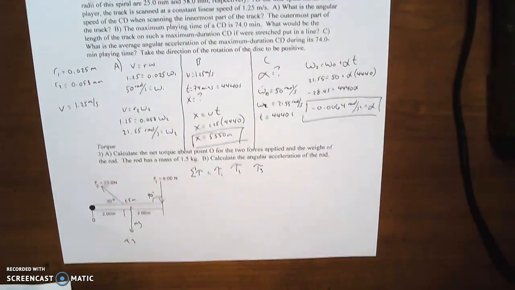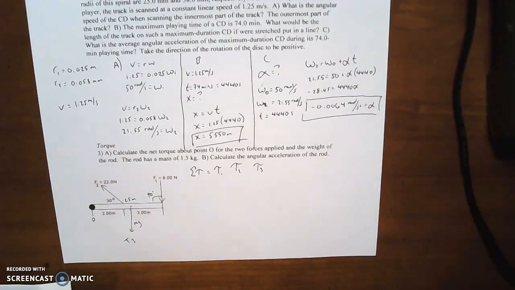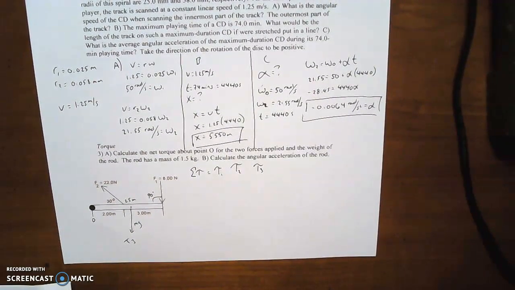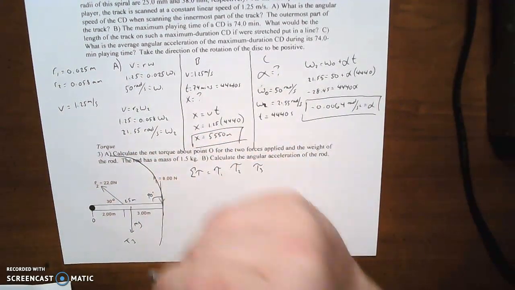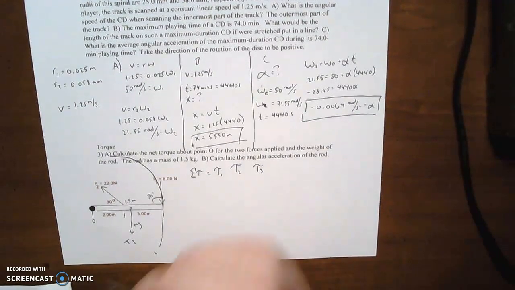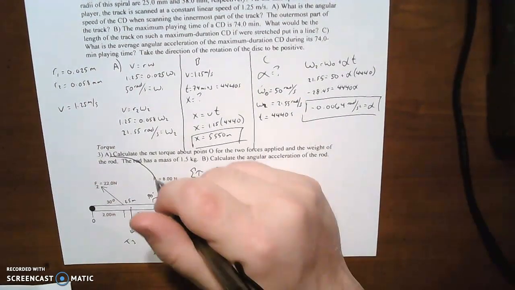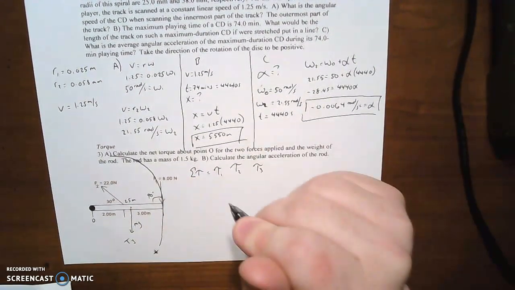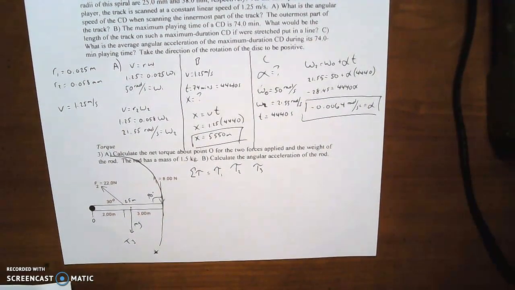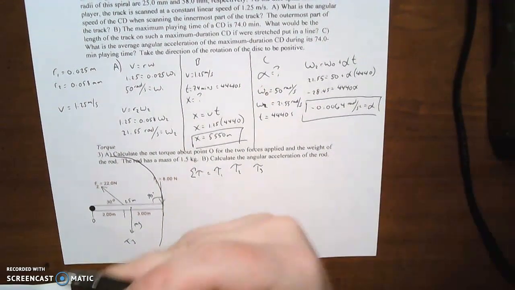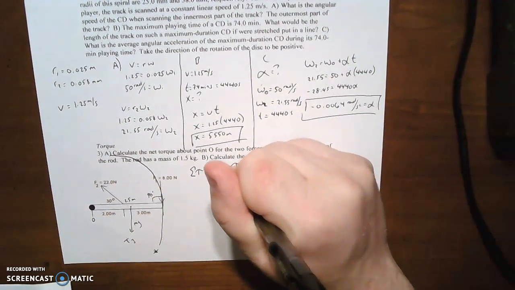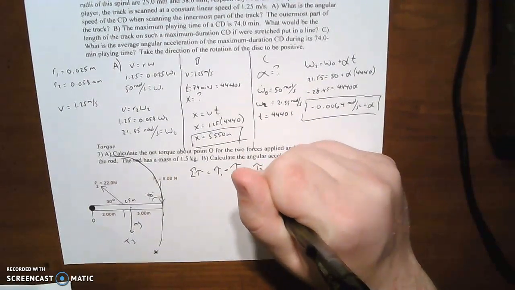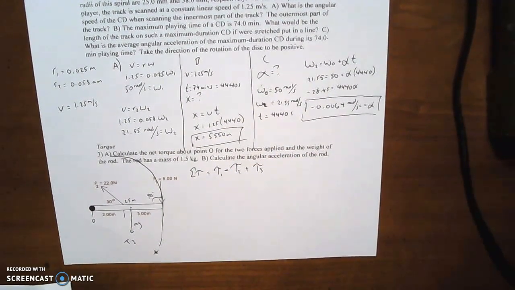We have to keep in mind that torques have directions just like forces do, and it's customary to label torques that are pulling clockwise, so in this direction, as positive. So our torque 1 will be positive. F2 is pulling counterclockwise, so this one is going to be negative. And then the weight is pulling in the positive direction as well, so that will also be positive.